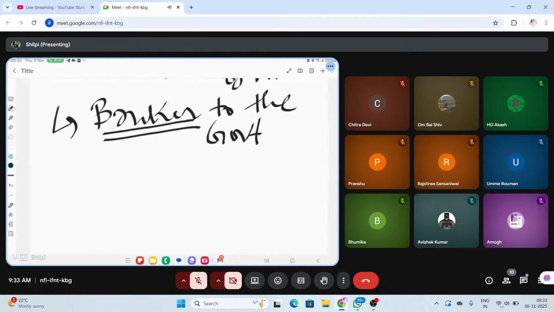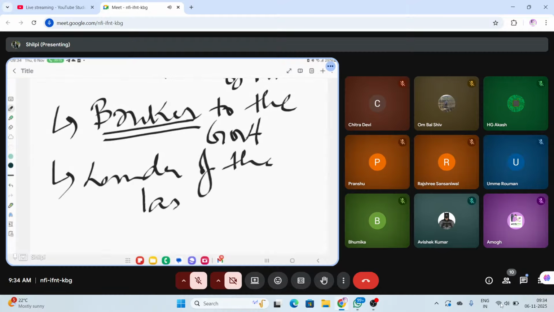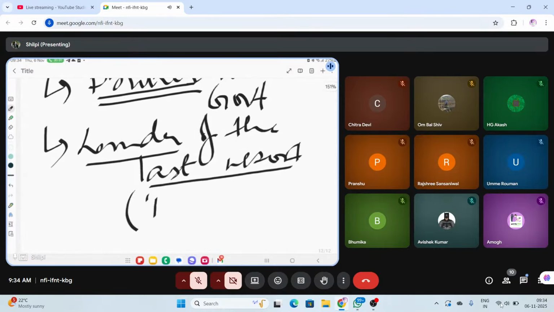Other than this, it is also the lender of the last resort. Lender of the last resort means if there is any bank in the Indian economy that is facing a temporary crisis, who is going to help that bank which is facing any temporary crisis in money terms? It is the RBI.